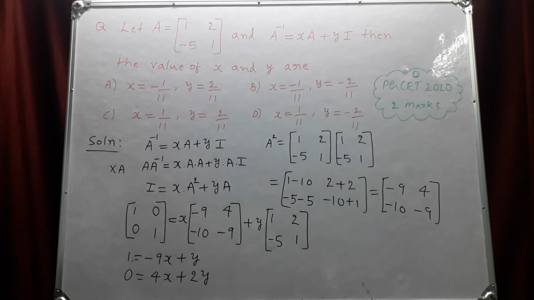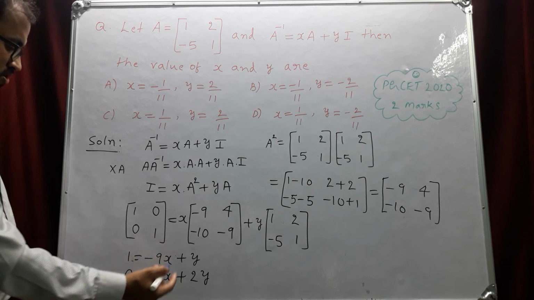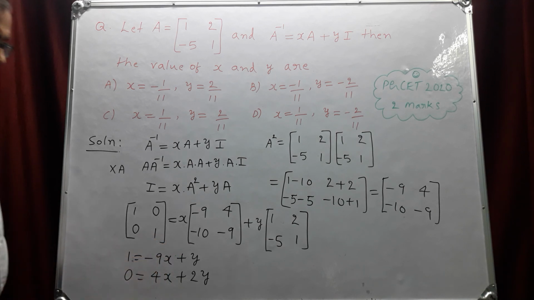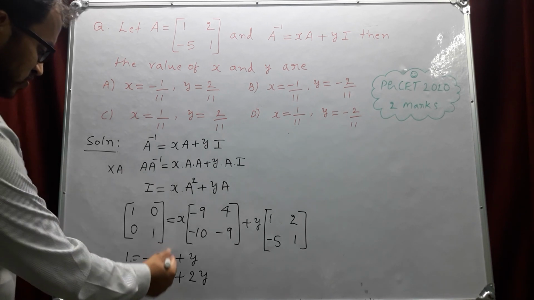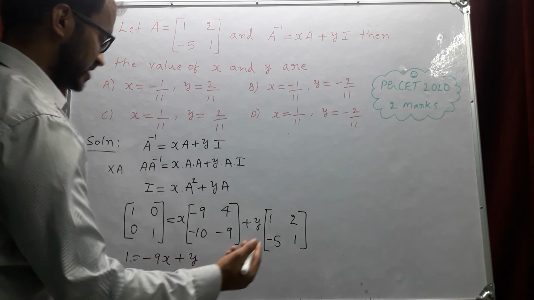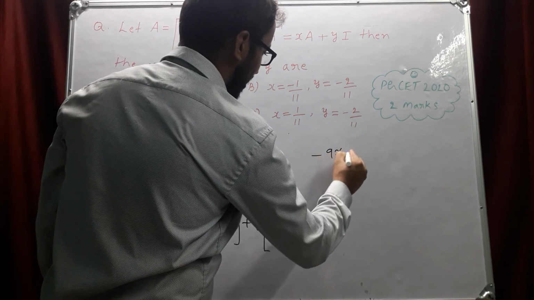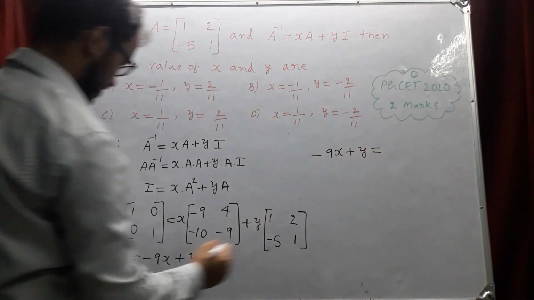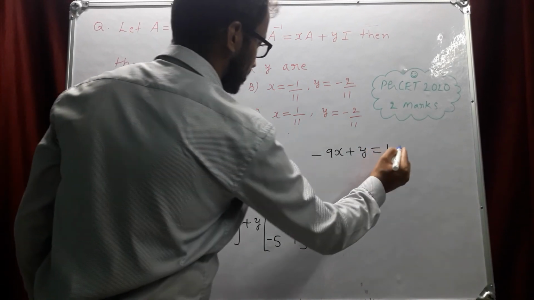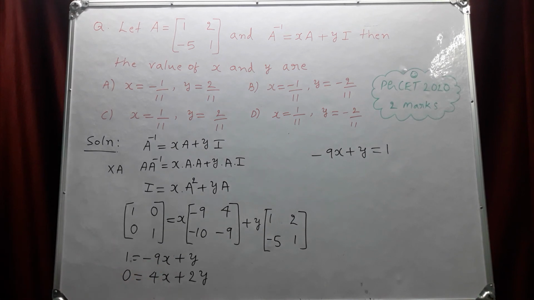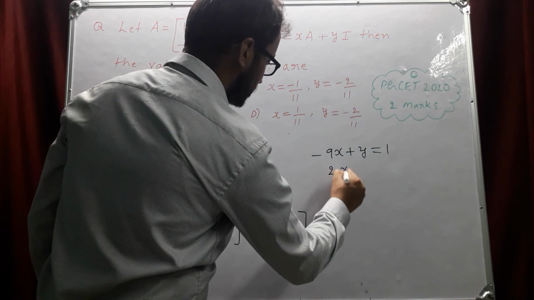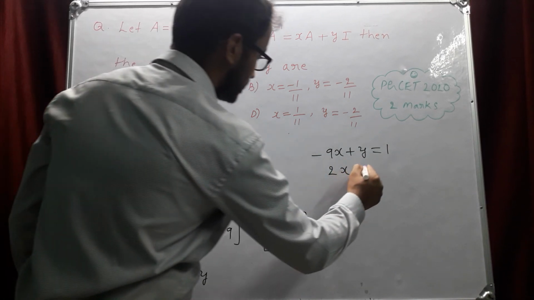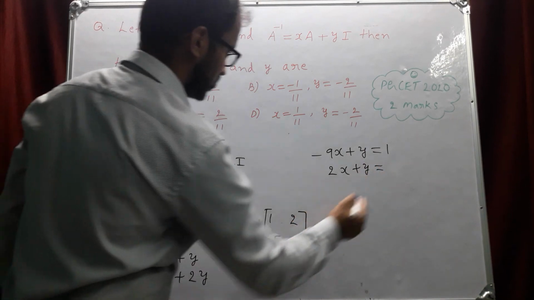So to find the values of x and y, we need only two equations. It is enough. So solve these two equations. So first equation is minus 9x plus y is equals to 1. Second equation, I will write as 2x plus y is equals to 0.